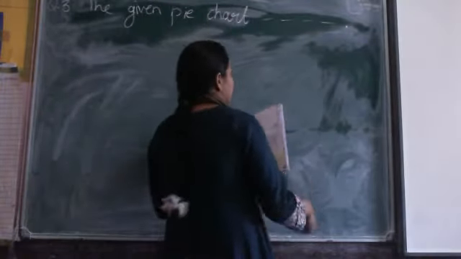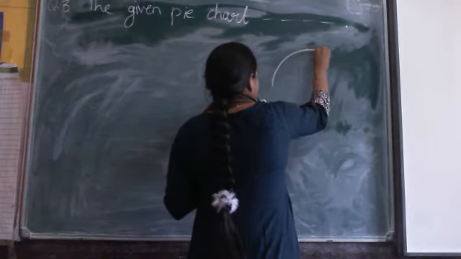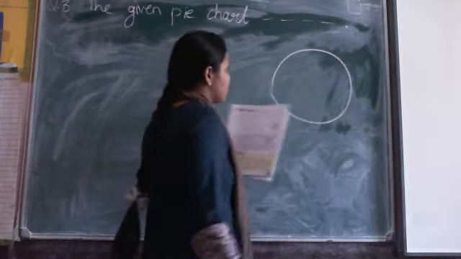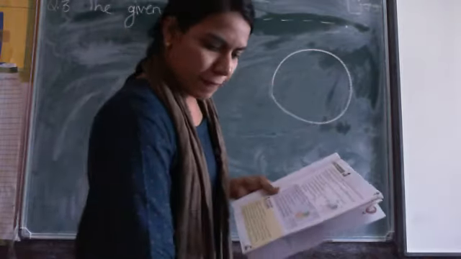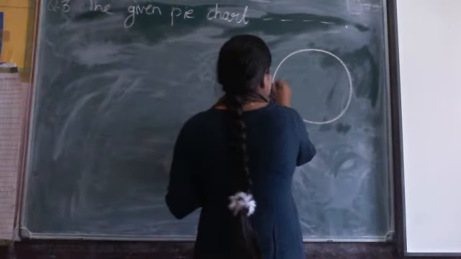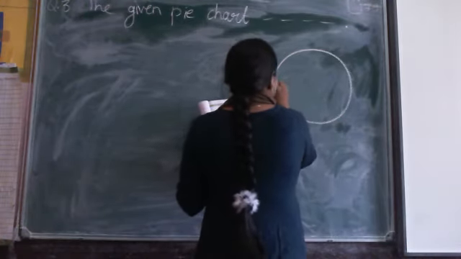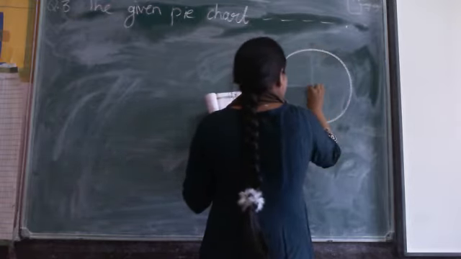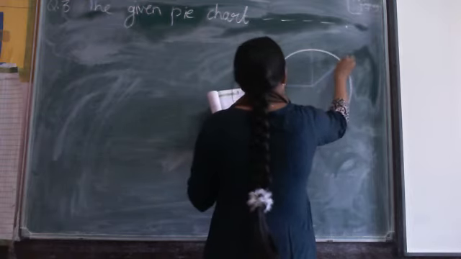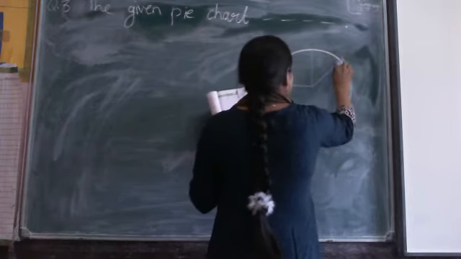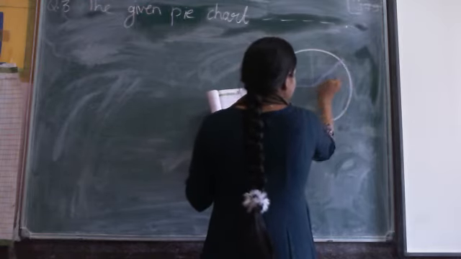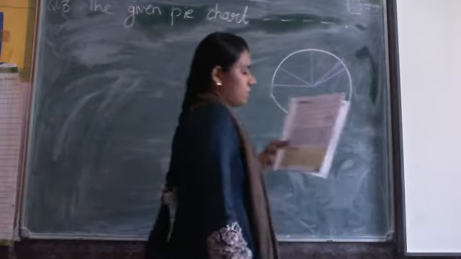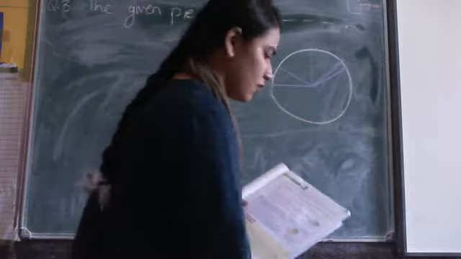So let me draw the pie chart first. Pie chart is also known as circular chart or circle chart, right? A pie chart is given like this in your book.